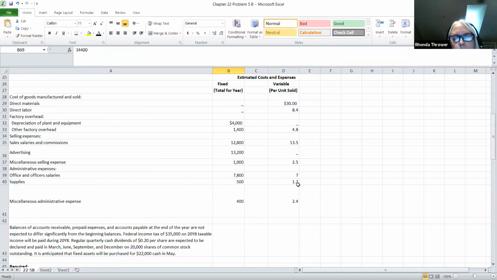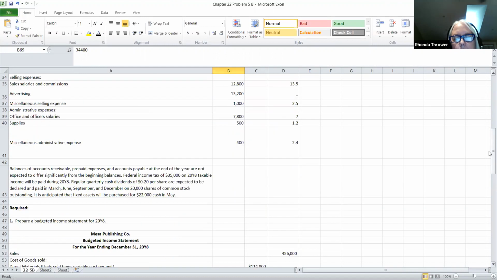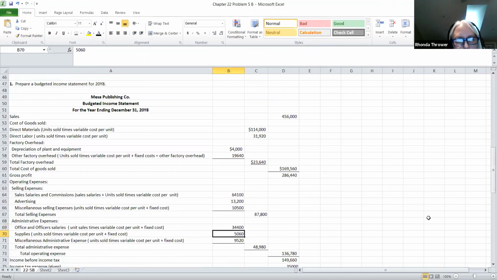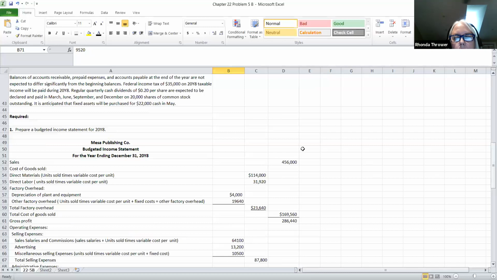And this is for supplies. So 1.2 times 3,800 plus $500 is the total amount that we have for the supplies at $5,060. Your miscellaneous expense has both fixed and variable associated with it.